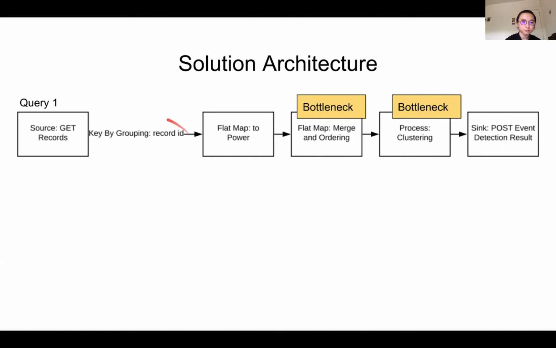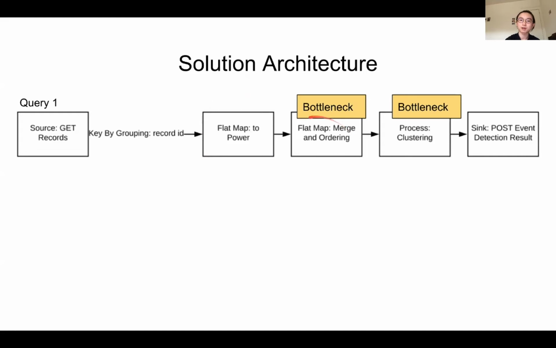Then we have a key-by grouping, basically based on the first record ID in each batch, to do load balancing. For each batch of records, we convert it to power values, and here we have some level of parallelism.